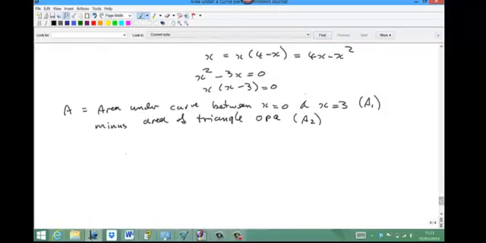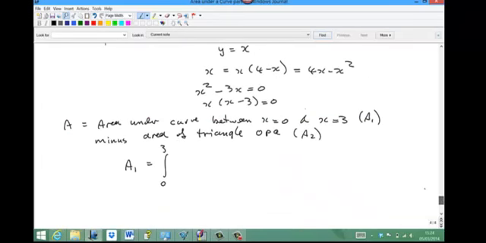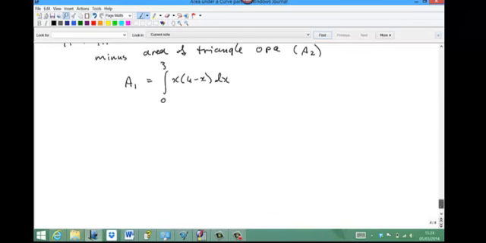So A1 is the integral from 0 to 3 of x(4 minus x) dx, which equals the integral from 0 to 3 of 4x minus x squared dx.